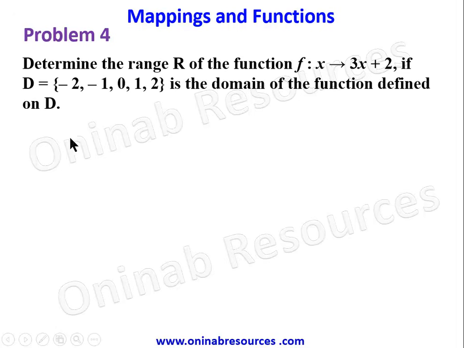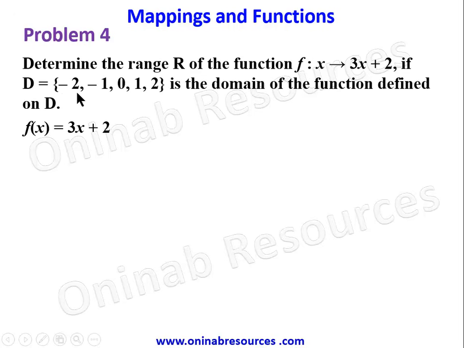And our f(x) is 3x + 2. So to find the range, we still remember from our denotation, f(x) is equal to y. So we are looking for the images of all these elements in the domain.